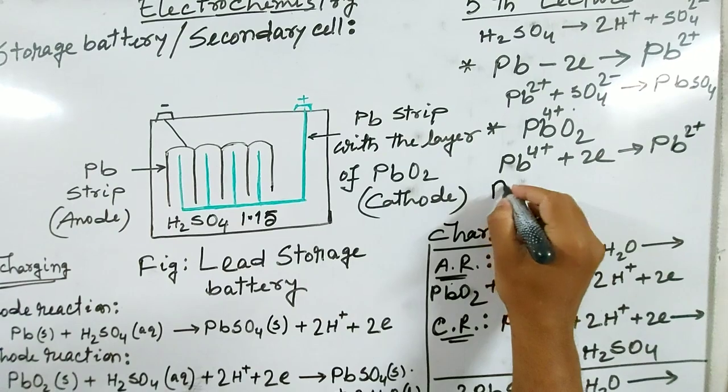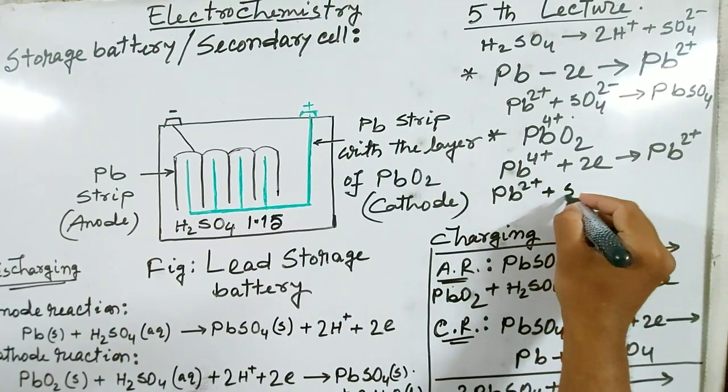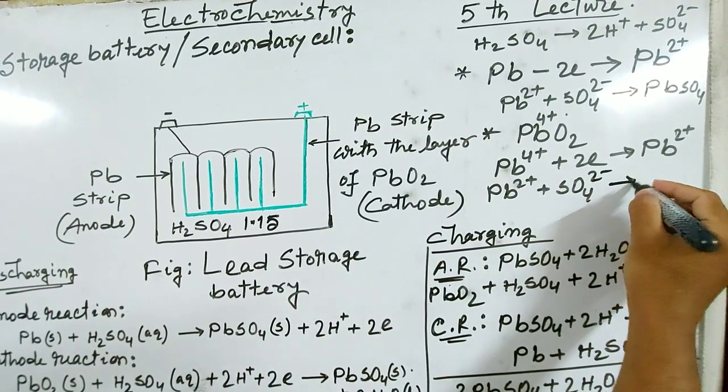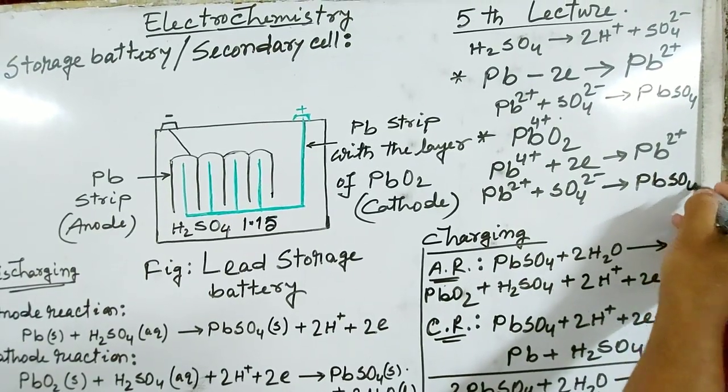This Pb2 plus ion again combines with the sulfate of sulfuric acid to produce lead sulfate.